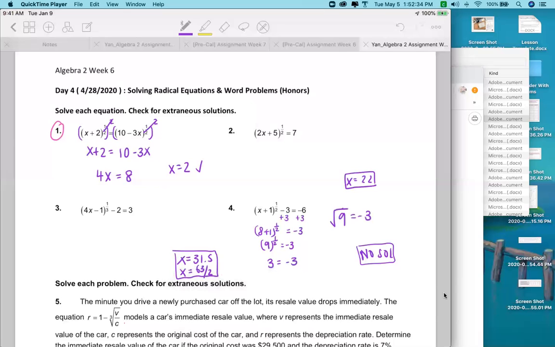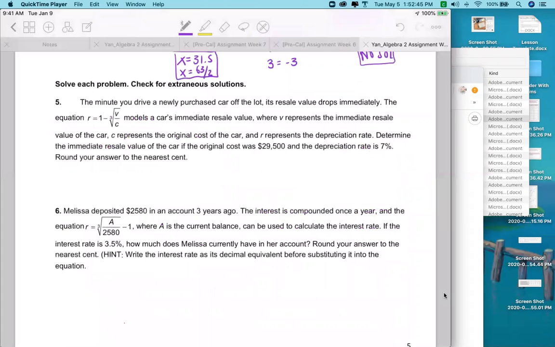Did you get my answers for 2 and 3 though? Okay, that's good. And then number 5 and 6. Number 5, it's a pretty long answer. So if you substitute, you should have this, 29,500. Okay, and then we subtract 1 on both sides.